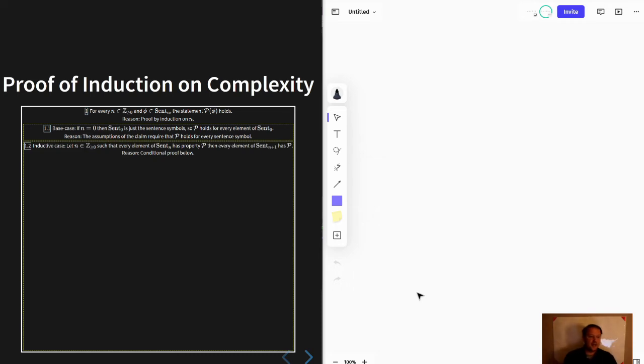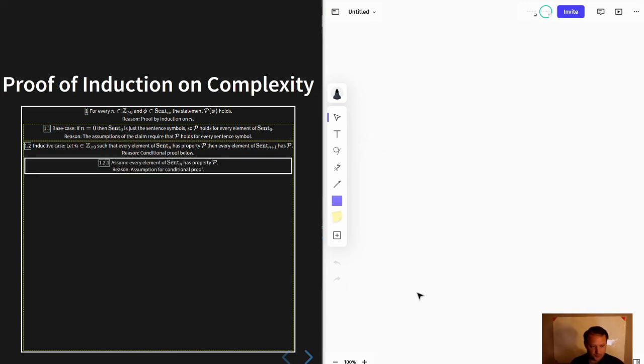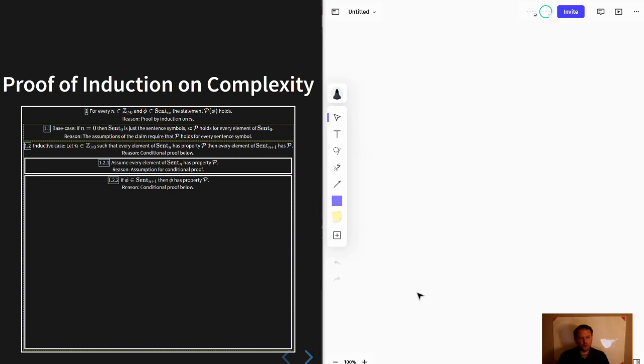So we're going to let n be any non-negative integer such that every sentence in sent n has the property P. And we're going to claim that it must follow that every element of sent n plus 1 also has property P. We're going to prove that by conditional proof. So we're going to assume that every element of sent n has property P. We, again, want to prove from that every element of sent n plus 1 also has property P.